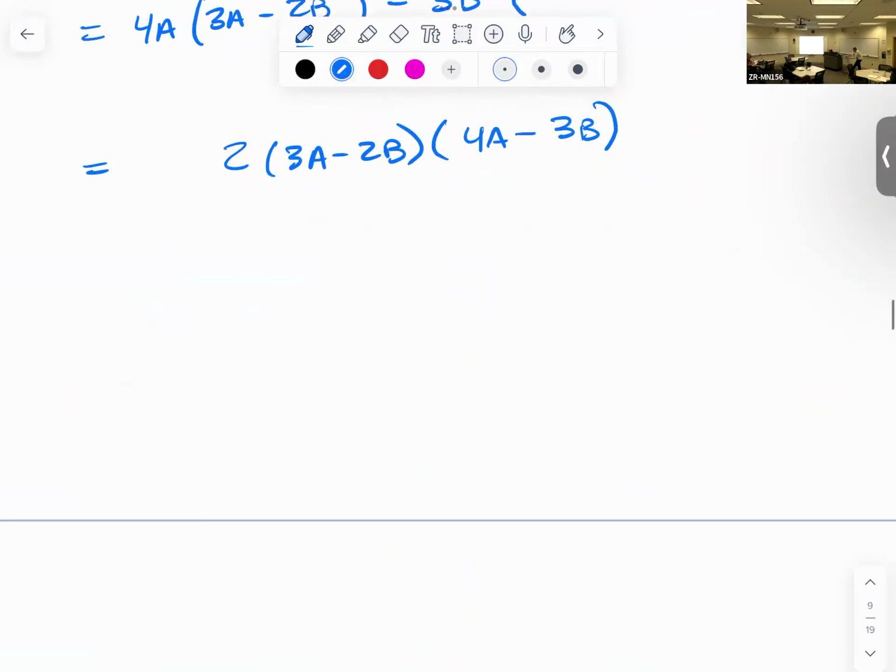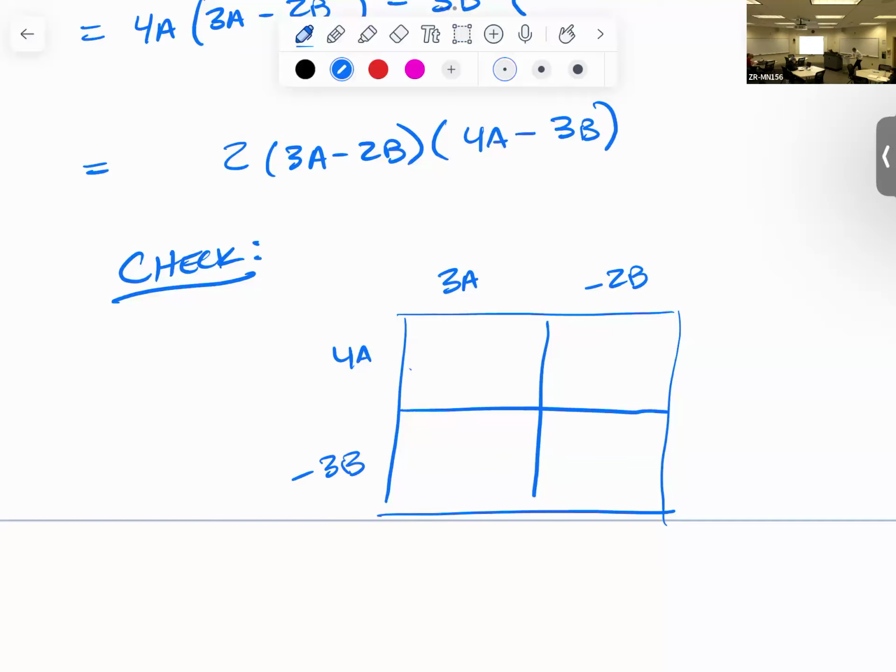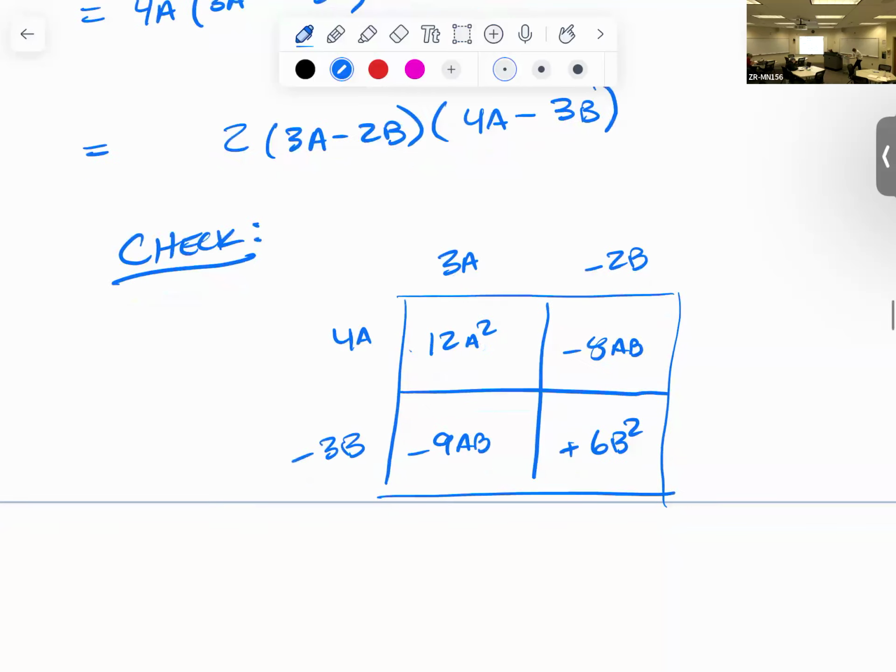So let's verify this one. Let's check this with the box. 4A times 3A becomes 12A squared, negative 8AB, negative 9AB, positive 6B squared.